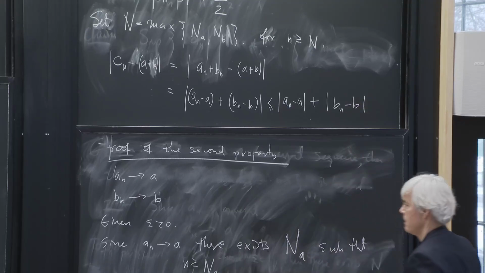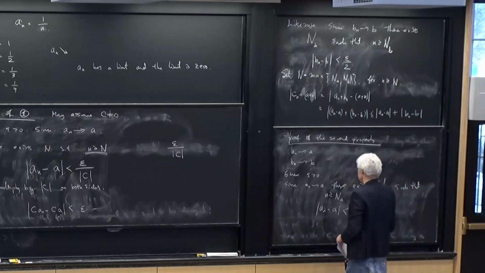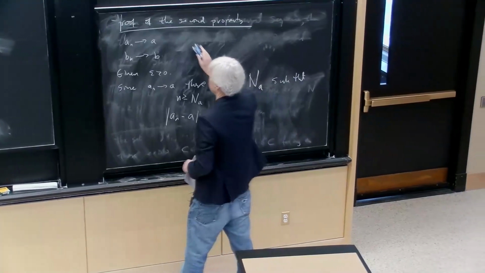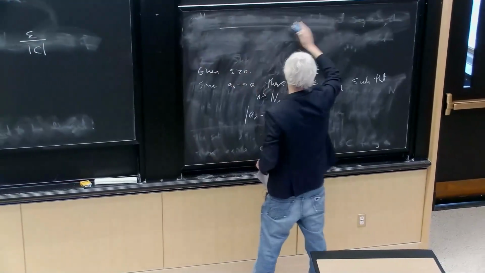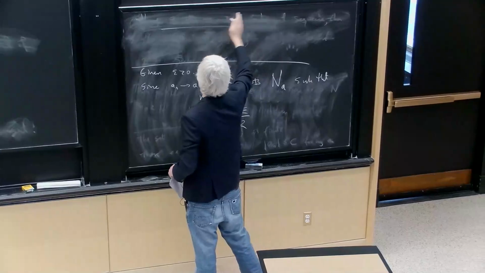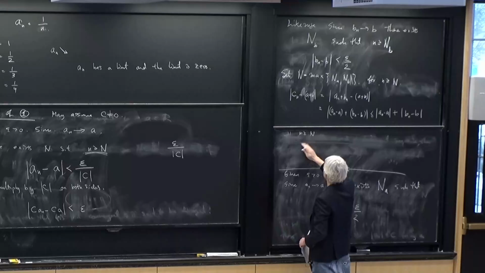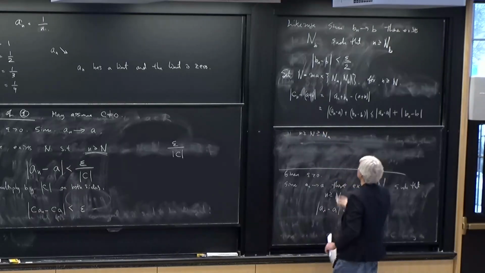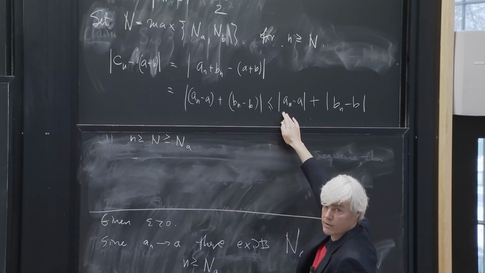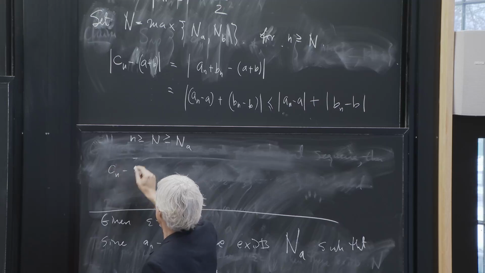Right? And now you see that if little n is bigger than capital N, which is bigger than capital N of A in particular, then |An minus A| is less than epsilon over 2, right?